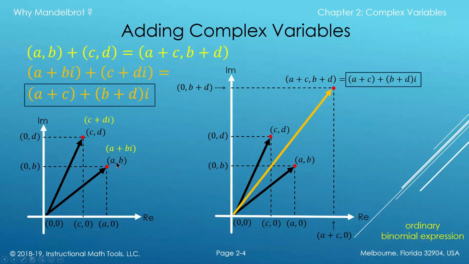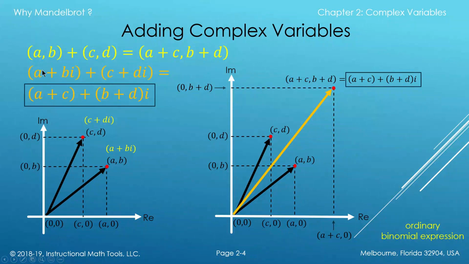So it gives you a comma b. It also gives you a plus bi based on our definitions earlier. Just like this real number c and this imaginary component d gives you c comma d, or the complex number c plus di. Now the question here is, what happens when we add basically this vector to this vector? What happens when we add these 2 points together?